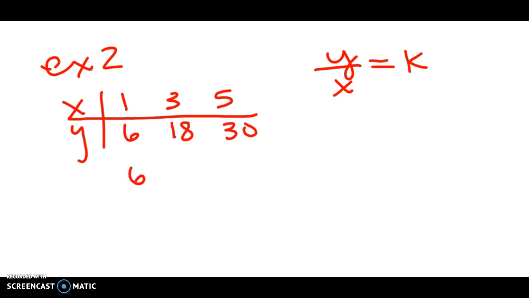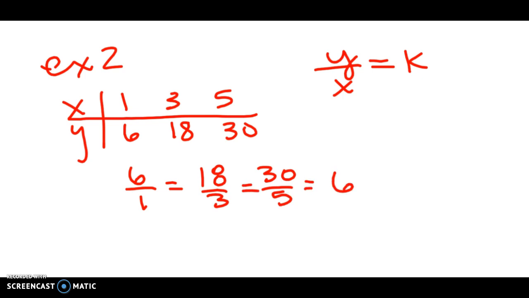We're going to take these y values, 18 over 3 and 30 over 5, and we can see that those all simplify to the value 6, which is our k value. So from the table, making sure that those ratios y to x are all the same, we can come up with our function y equals 6x.